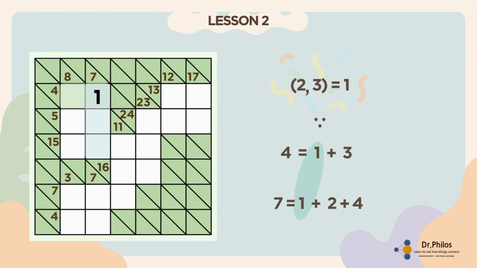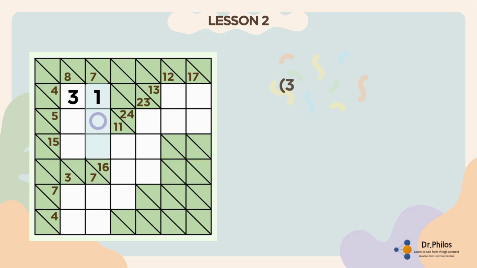Once 2, 3 is filled in, there are boxes you can figure out one after another, right? 2, 2 is 3. Because 4 equals 1 plus 3. And since we already know 2, 3 is 1, the remaining number is 3. And next? 3, 3 is 2 or 4, but I am not sure.